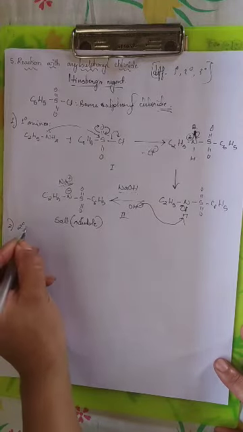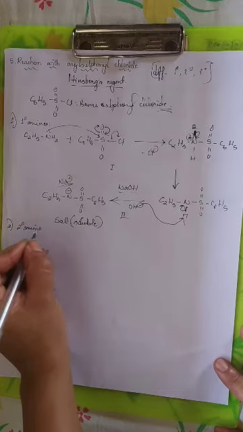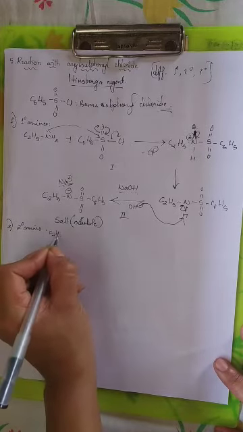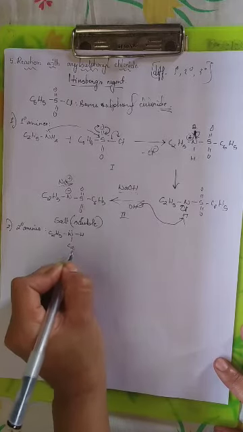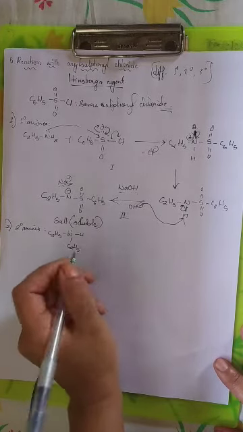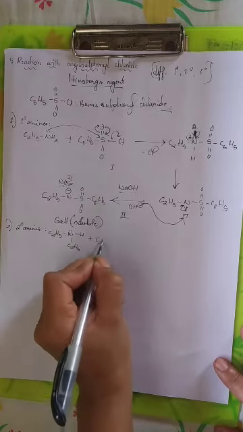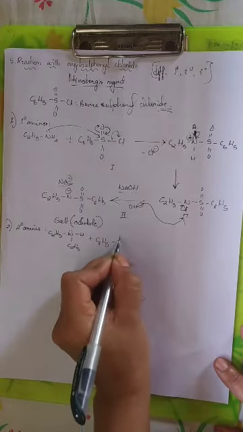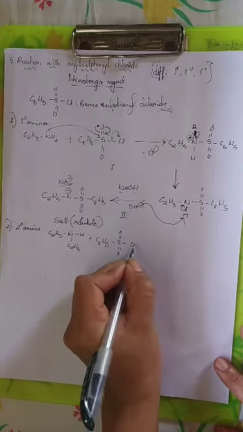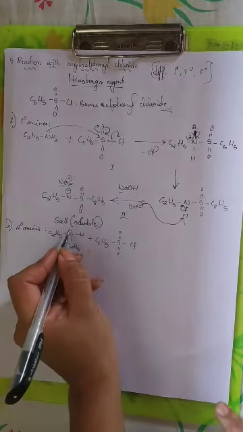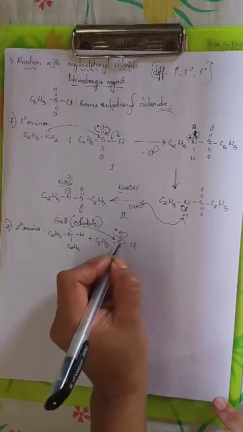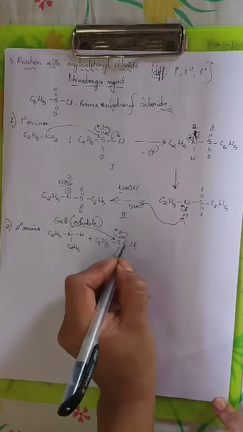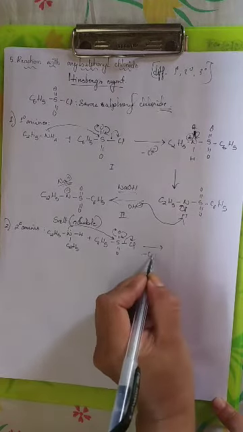Now, secondary amines: here we have C2H5 and HC2H5, and this is C6H5S, oxygen, and Cl. The same reaction takes place. The lone pair comes and attacks the sulfur atom. This causes back bonding to occur, and along with the bonding electron pair, Cl minus leaves.